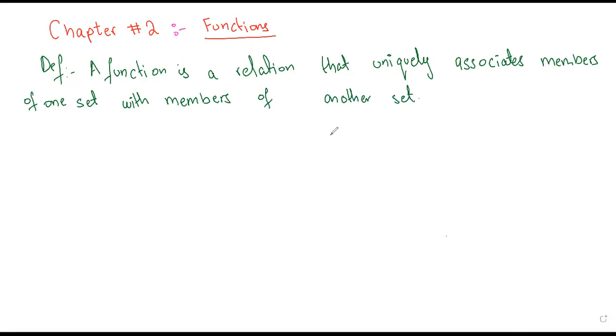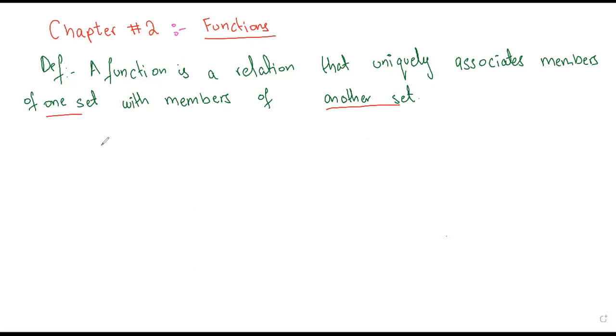A function is a relation that uniquely associates members of one set with members of another set. What do we understand by set? A set is a collection of distinct numbers, right?